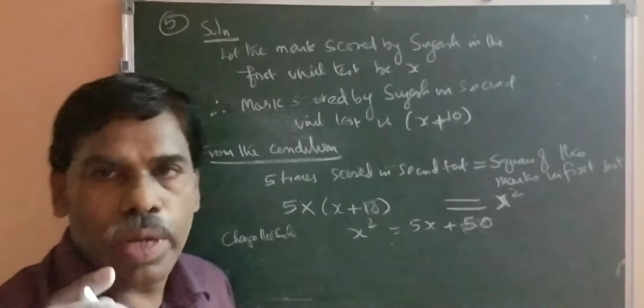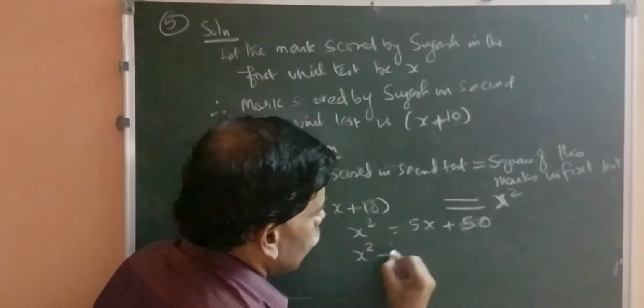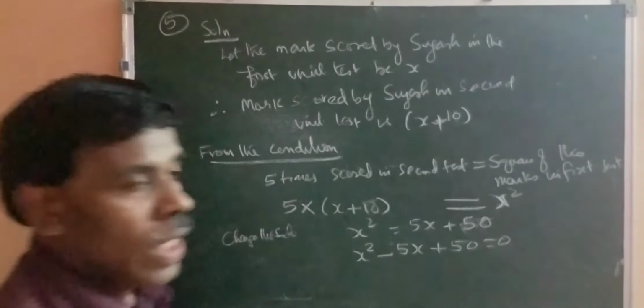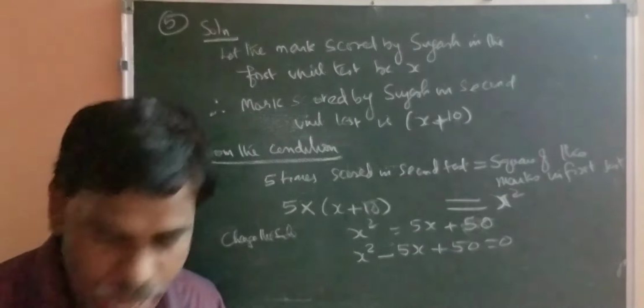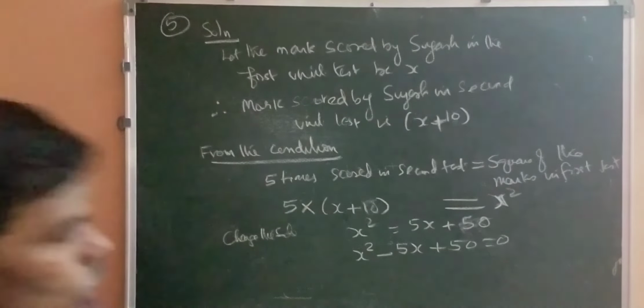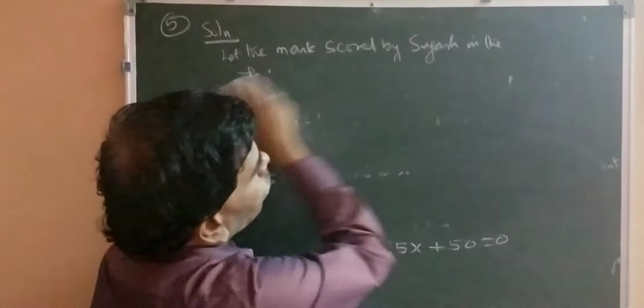Yeah, you should write down the sum properly. Okay, otherwise like me you will also commit mistakes. x square minus 5x minus 50 is equal to 0. Is it a quadratic equation? Yes. So can you solve it? Yeah, you can solve it very easily.